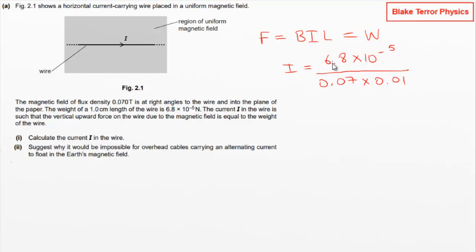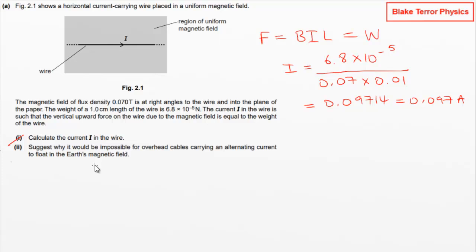So that's 6.8 over 70, which is 0.09714, is what my calculator tells me, which is then 0.097 amps, to two significant figures.